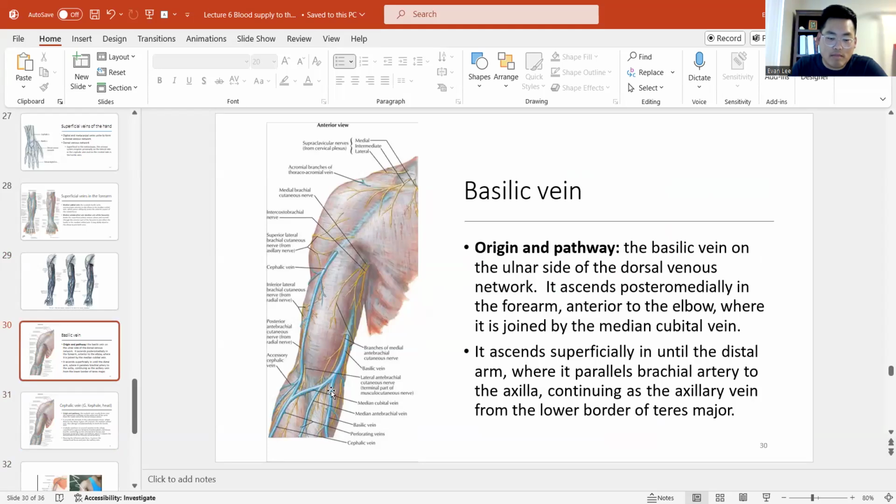It travels along the medial side of the forearm, the medial side of the arm, and even has that median cubital vein connecting to it right over here. But you can see that it's superficial until it dives deeper into the forearm, deeper into the arm, specifically into the axilla to join with brachial vein. So it's a superficial vein until it needs to go deeper to connect to other veins.